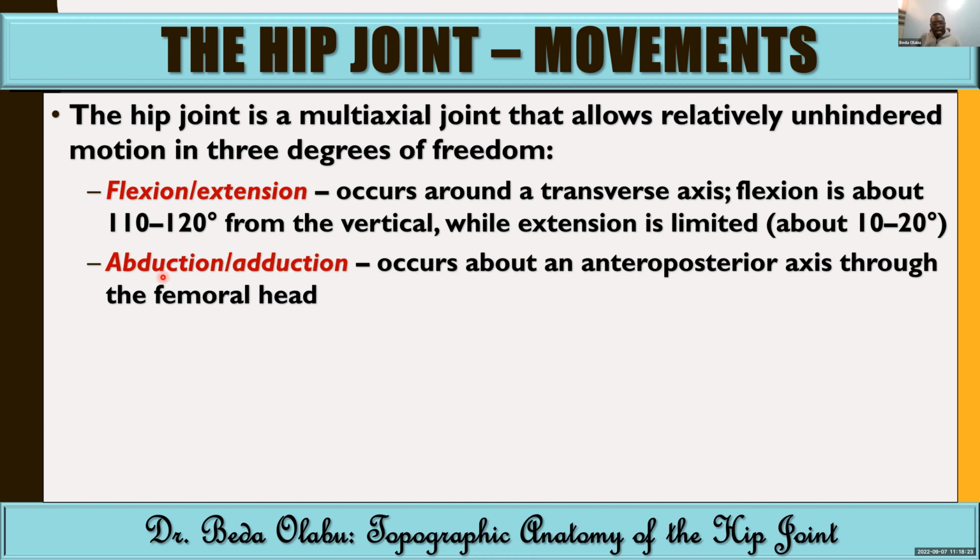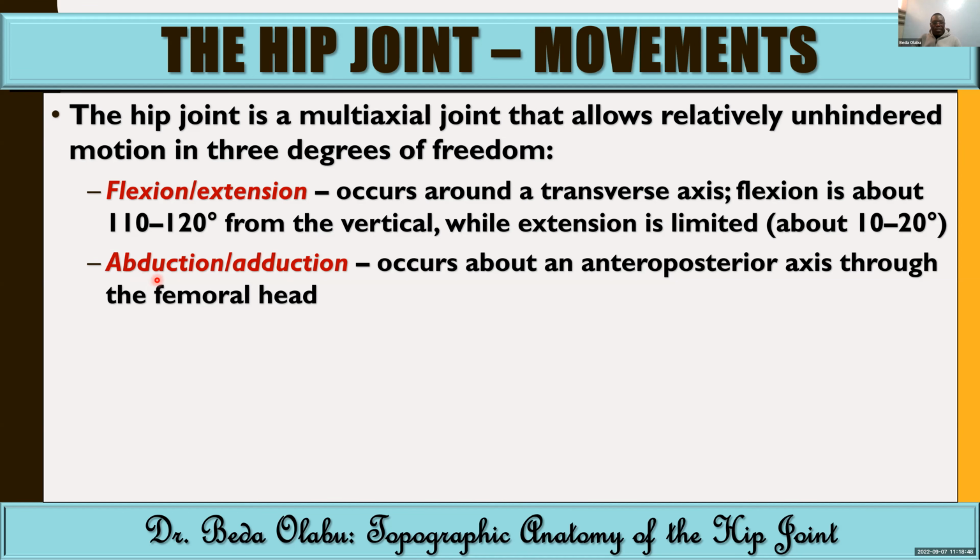How about abduction and adduction? Abduction and adduction occur through an anteroposterior axis through the femoral head. Adduction is caused by the adductor muscles. So remember the medial compartment of the thigh, the adductor compartment; those are the muscles that will cause adduction at the hip joint.